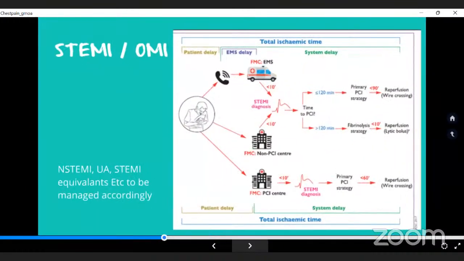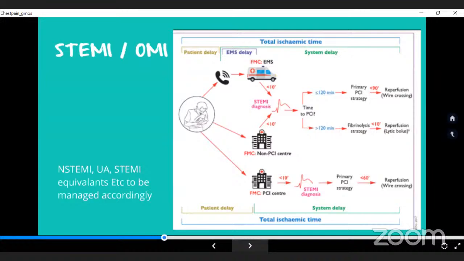Now, if a patient is presenting with ST elevation myocardial infarction, I don't have ECGs to show you, but the definition is ST elevation of 1 millimeter in 2 contiguous leads in a 12-lead ECG, except V2 and V3, where you need about 2.5 millimeters in males less than 45 years, 2 millimeters for males above 45 years, and 1.5 millimeters in females.